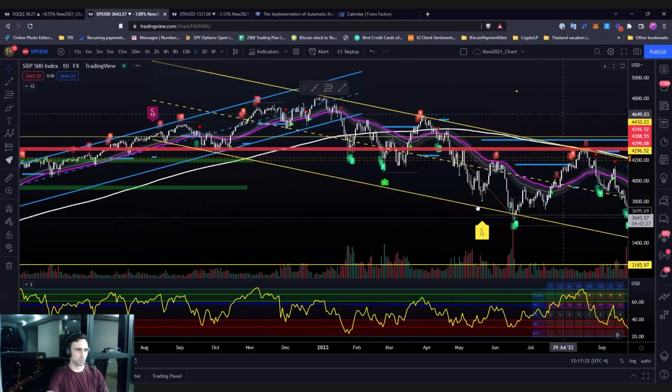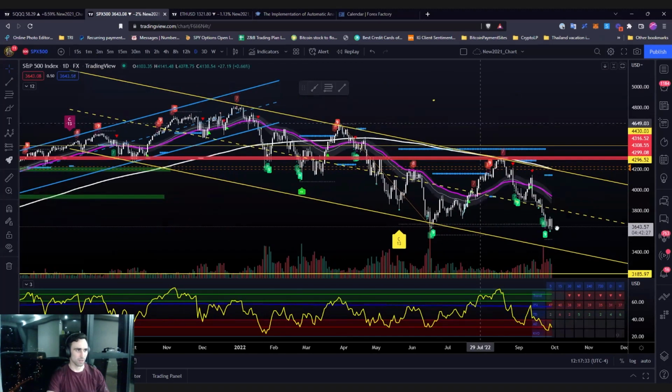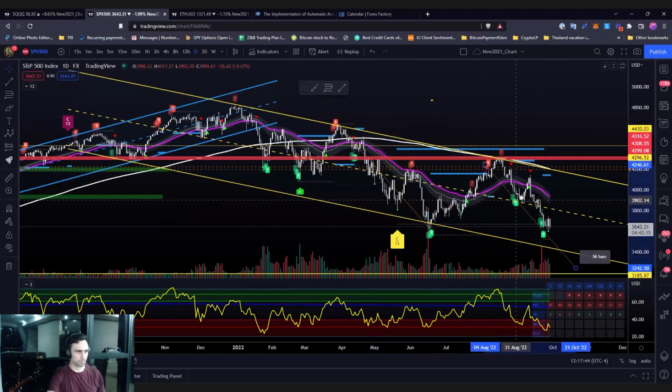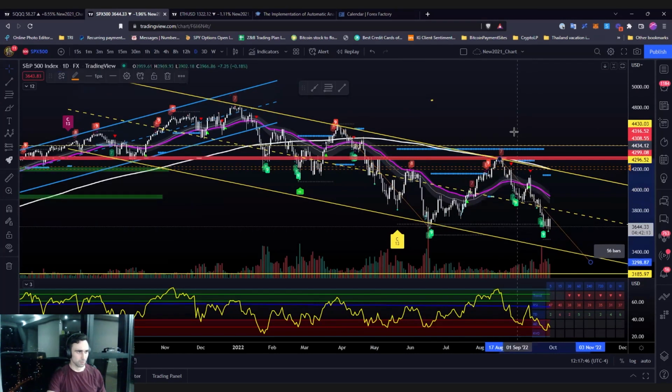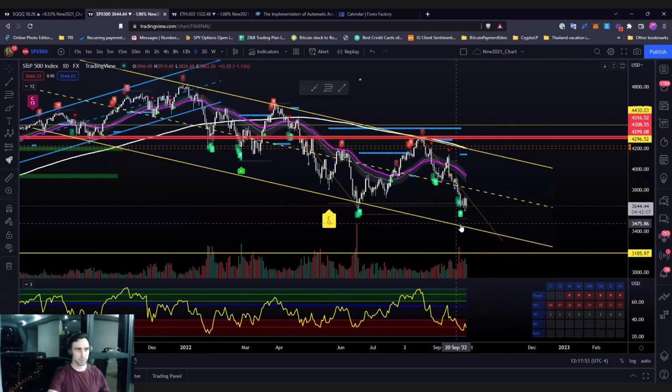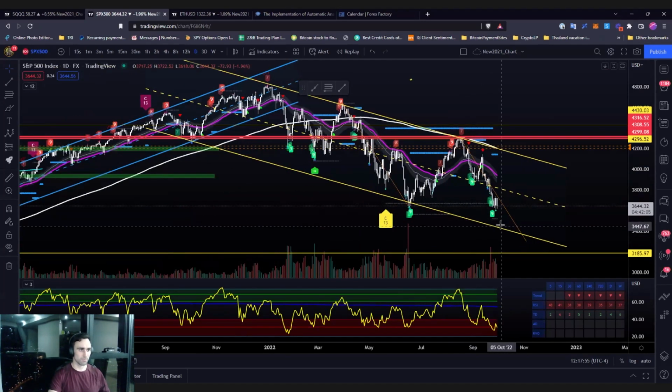What I do know is there's a potential ABCD pattern right here. So this is your 1 and 2. Then your downside is all the way over here, 33,000 potentially we could go to. And here's the downside of this downtrending parallel channel.